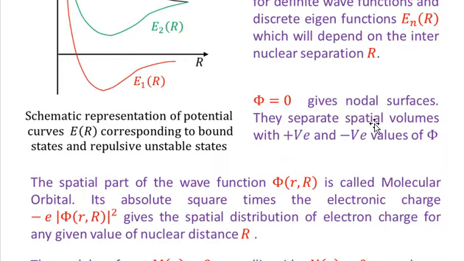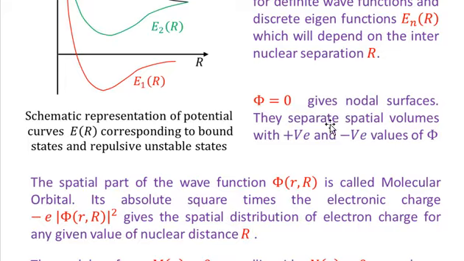Phi is equal to 0 gives nodal surfaces. They separate spatial volumes with positive and negative values of phi. So each time we get phi is equal to 0, we shall get the nodal surfaces at which the wave function vanishes.